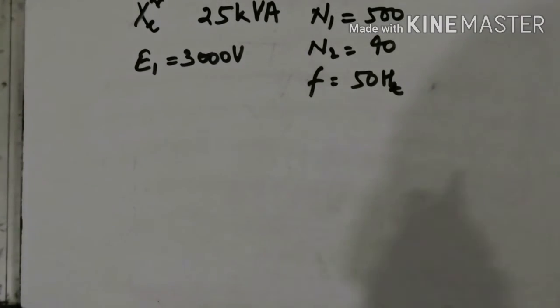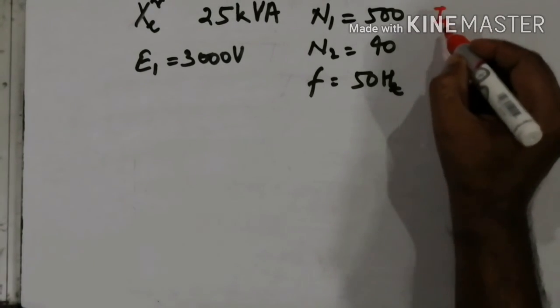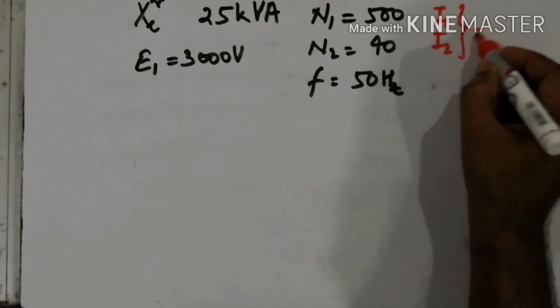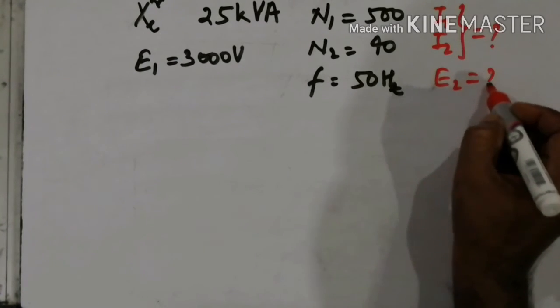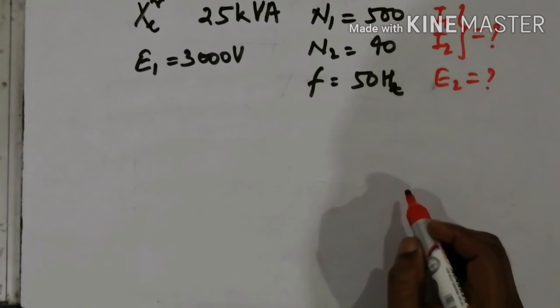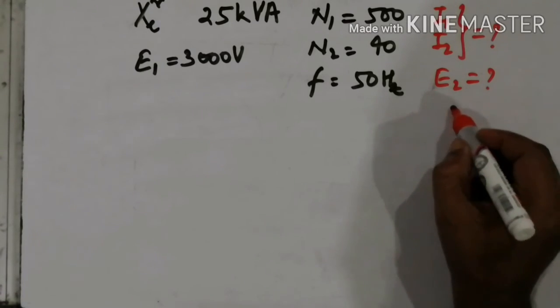This is the data which is given in the question. Now calculate primary and secondary currents at full load, I1 and I2. Second part, secondary EMF, that is E2, and the third one is the maximum core flux, that is phi.